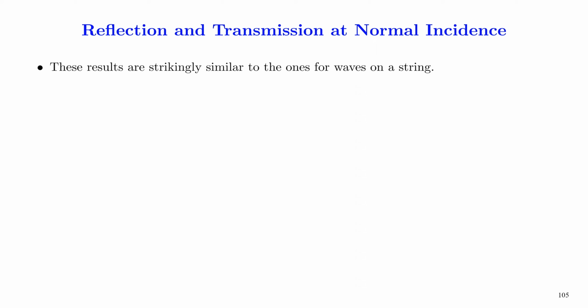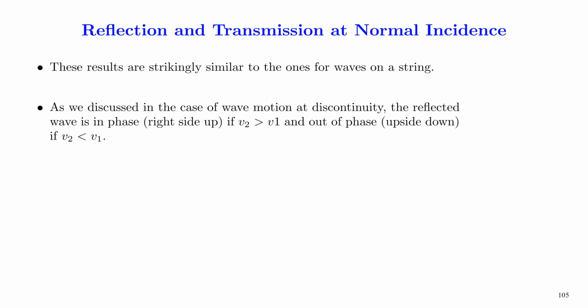You might note that these results are strikingly similar to the ones that we have derived for the waves on a string. And as in the case of wave motion at a discontinuity, the reflected wave is in phase, or right side up, if V2 is greater than V1, and out of phase, that is upside down, if V2 is less than V1.